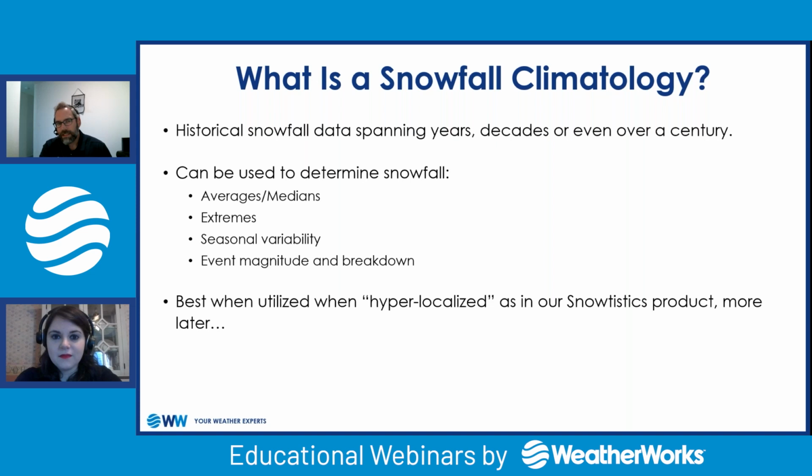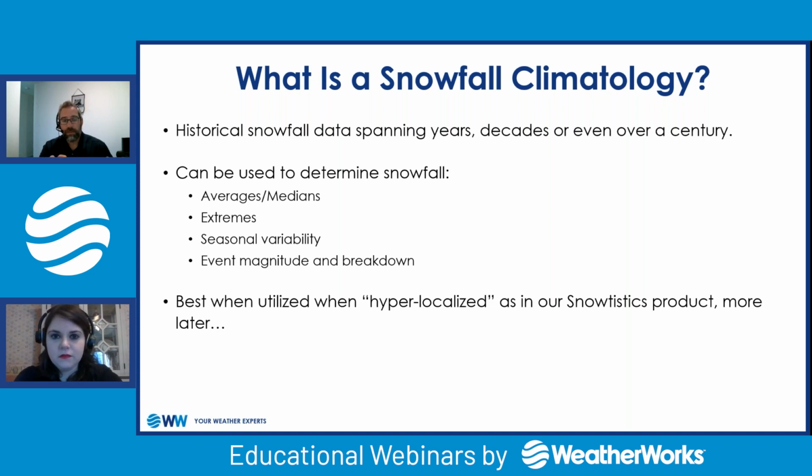So what is a snowfall climatology? In the most basic terms, it's a historical snowfall data set spanning years, decades, or even a century. It can be used to determine snowfall averages and medians, snowfall extremes for a particular location, seasonal variability, event magnitudes and breakdowns.